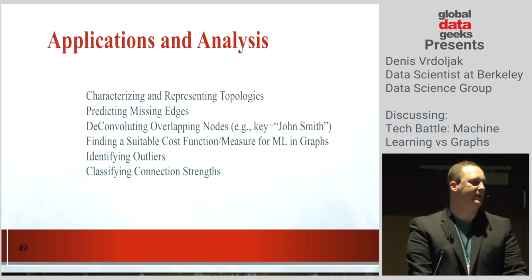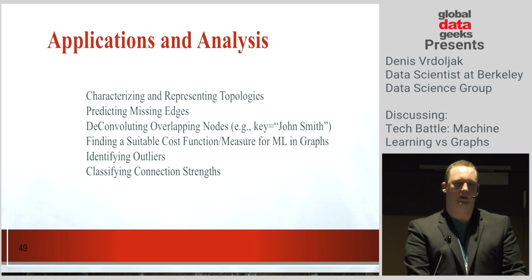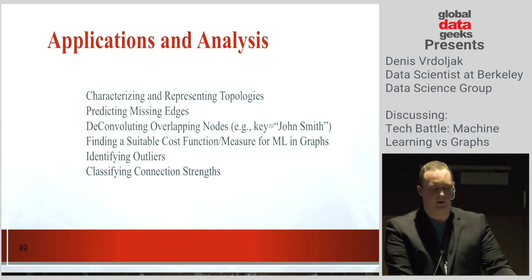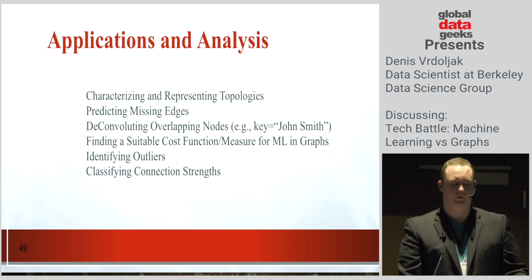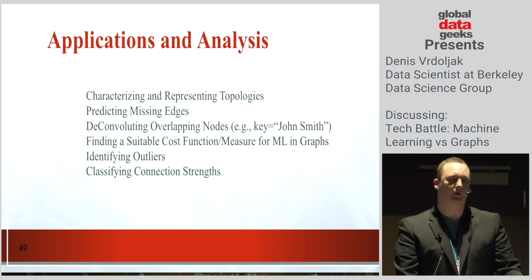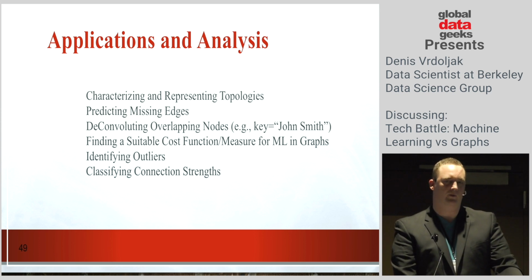Another thing is to predict missing edges. So when you have a network graph and you don't know whether some edges are missing or you want to recommend some connections, we're working on ways of being able to make those predictions and then also give them scores for whether that's a likely connection that should be there or could be there, or if it's a weak one.